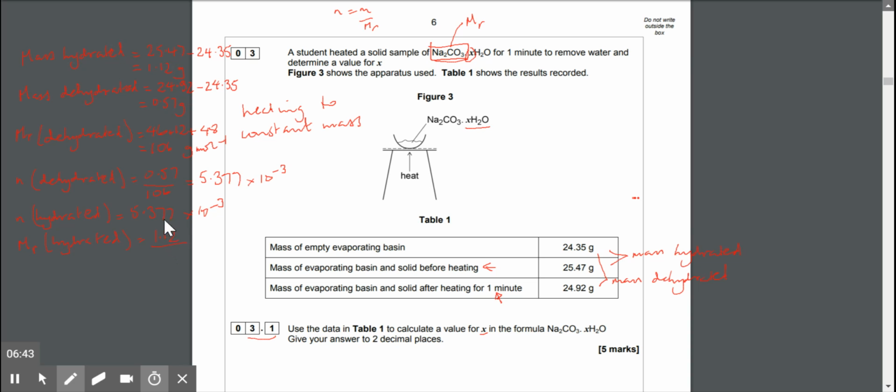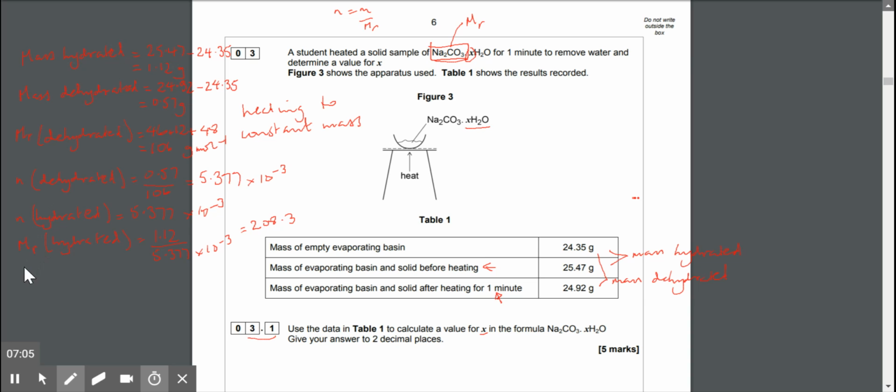And moles is there, 5.377 times 10 to the minus 3. And that comes out at 208. Let's write it here because we're running out of space a little bit. 208.3 as it happens.